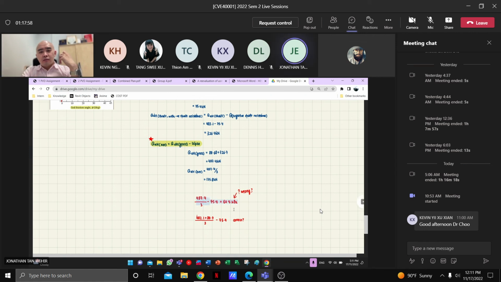So this one is wrong. I don't know what your 407.4 is. 407.4 is the total gross. You can't do this because 407.4 is actually your Q shaft minus NSF plus Q base. So that means 407.4 divided by 3 minus 75.4 is actually Q shaft minus NSF plus Q base divided by 3, then minus NSF again.